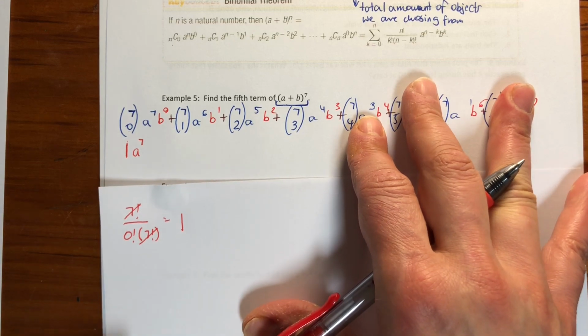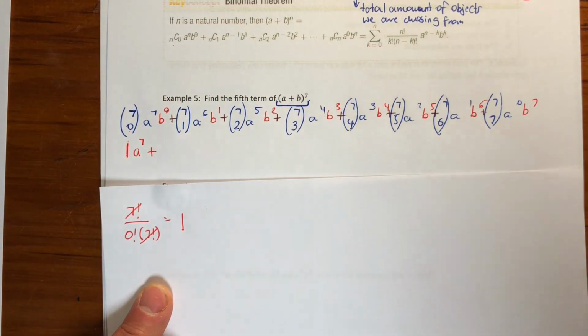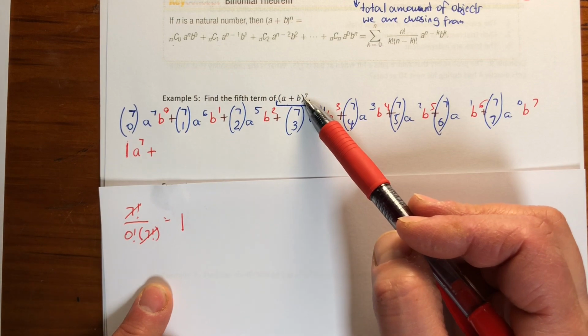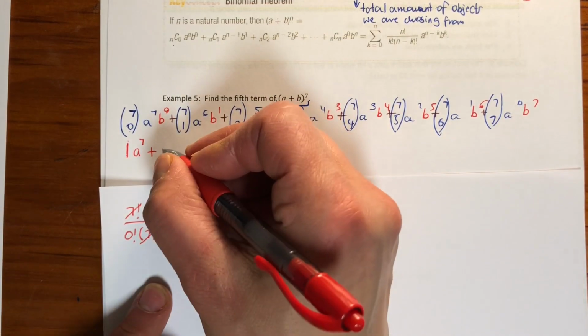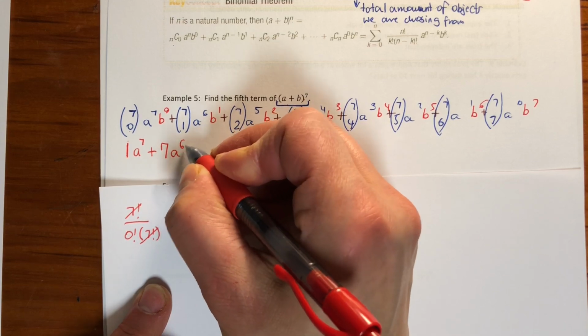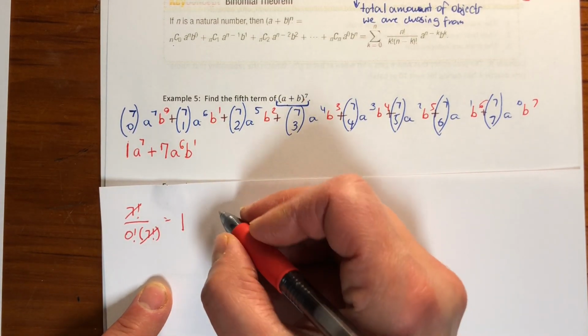All right, the second term, I also want you to think of the Pascal's triangle, how in the second diagonal, that number was always equivalent to whatever the exponent is. So if we are correct, we should have 7a to the 6th, b to the 1st. But I want us to make sure we are correct.